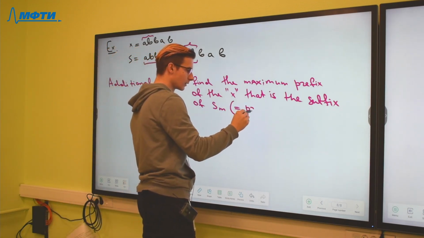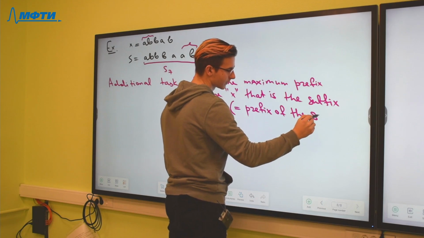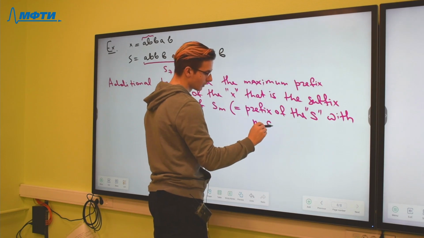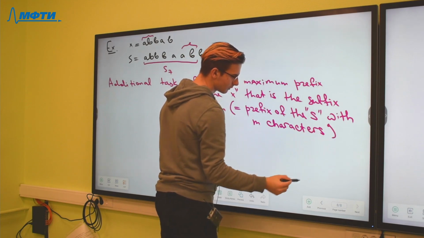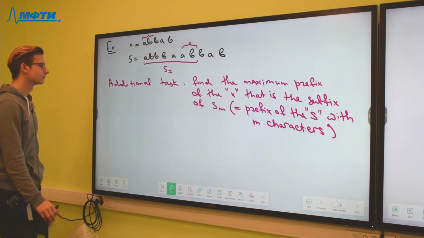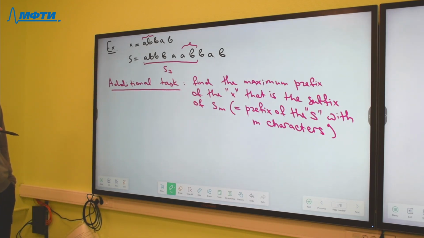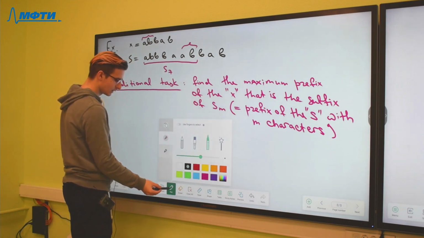It is the prefix of the s with m characters. So, how to find it? In this case, we use the DFA.